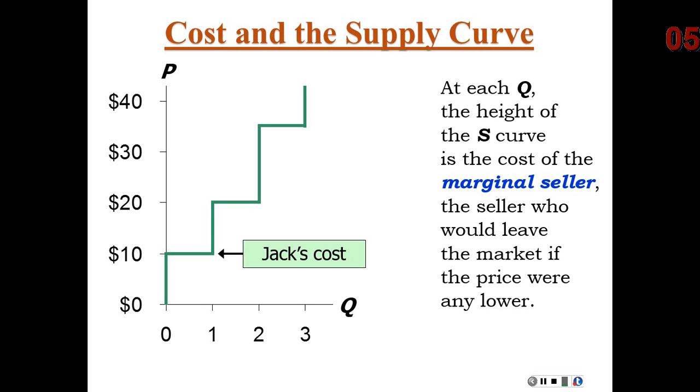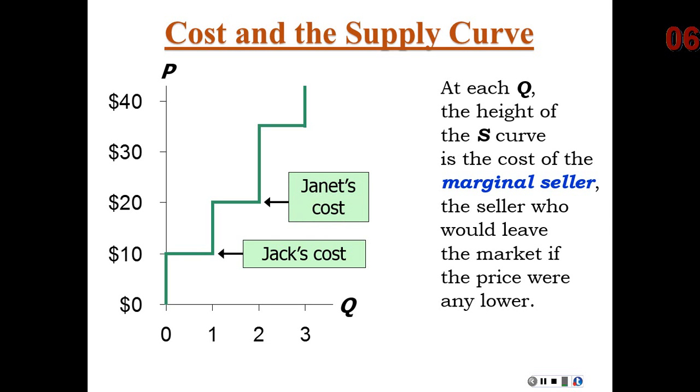Okay, notice that as the price rises, we gain marginal sellers, and if the price falls, we would lose specific marginal sellers. Each point along this supply curve directly corresponds to an actual seller with an actual cost structure. So at a price of 10, right, really 10 to 19, we have Jack. He is the marginal seller at that point.